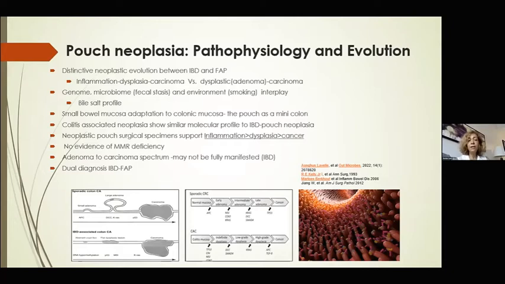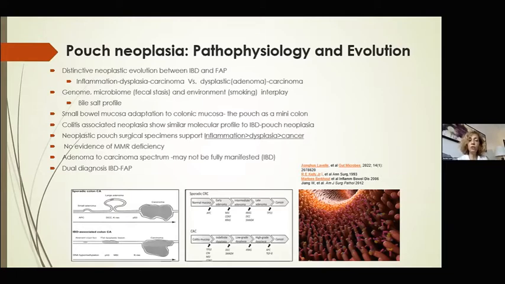As we heard today, the small bowel mucosa in the pouch is not real small bowel mucosa. It is getting transformed to kind of a mini-colon. So the small bowel tumors or neoplastic lesions are not really like small bowel lesions. Colitis-associated neoplasia has shown similarities to IBD pouch neoplasia. In addition, neoplastic pouch surgical specimens support the sequence of inflammation, dysplasia, and cancer.